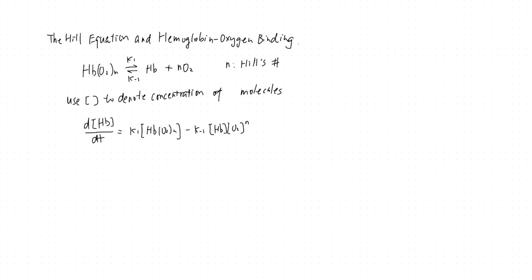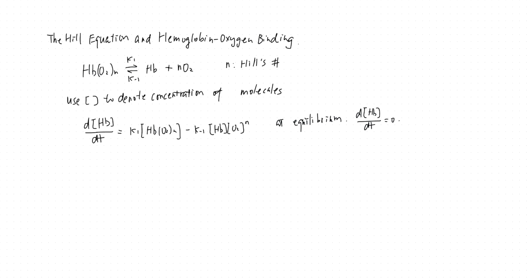Okay, now at equilibrium, the net rate change in hemoglobin concentration is 0. Equilibrium means it's no longer changing with time, so d/dt equals 0. Then it means the other terms are the same.